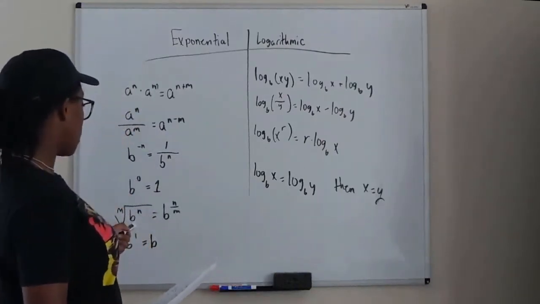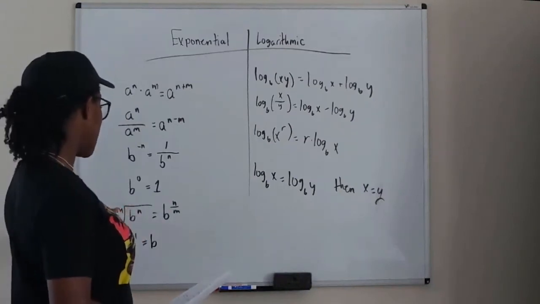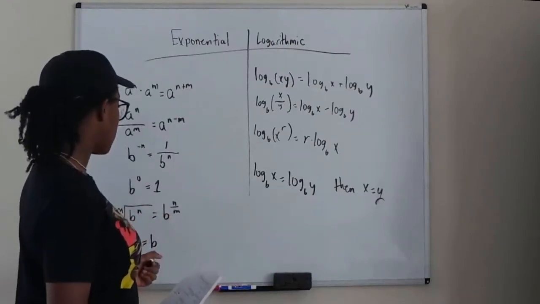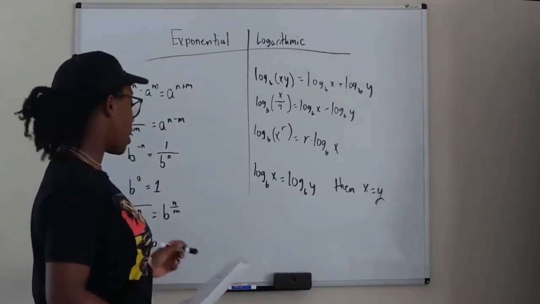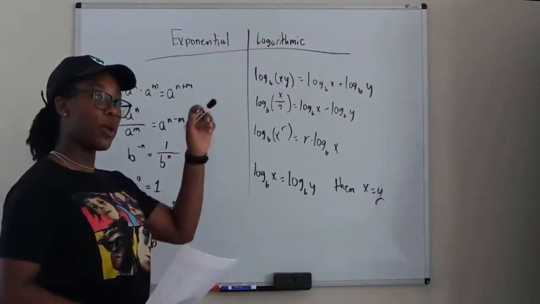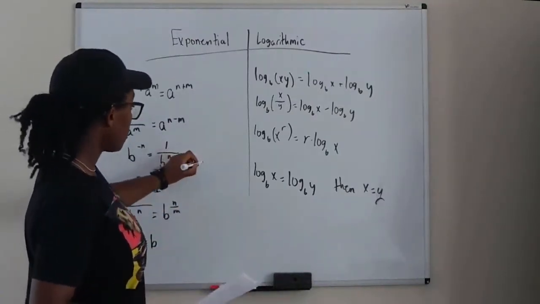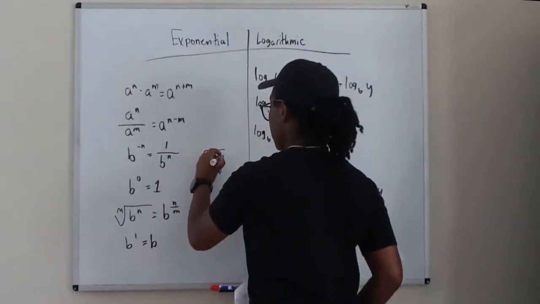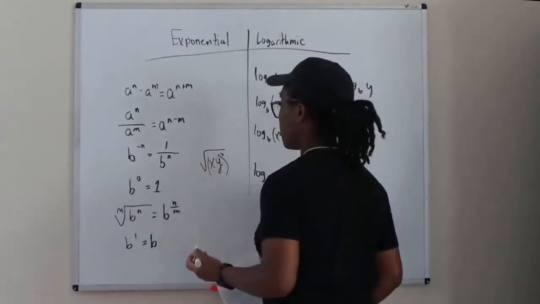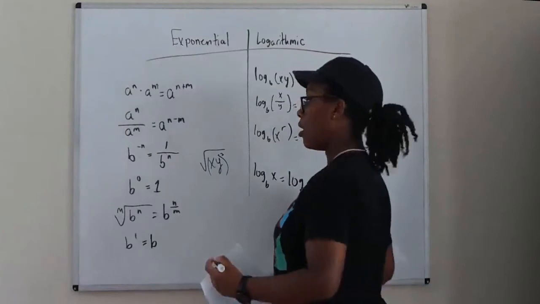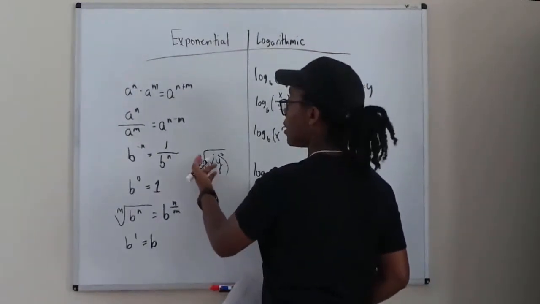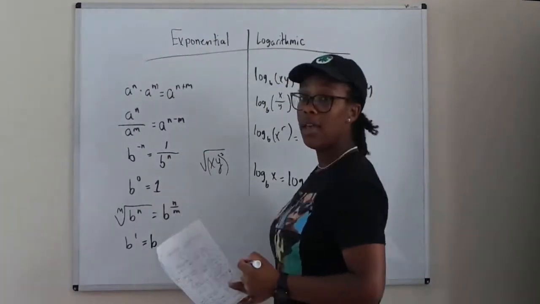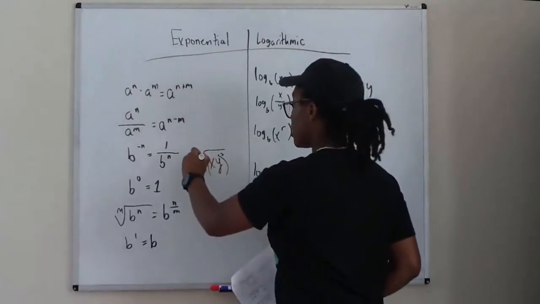Let's say you have b to the n, to the mth root. It's just going to be b to the n over m. What I like to do if I have a complicated expression and I'm not sure which way it goes, say it's x, y, like this, all to the third or something like that, and I'm not sure which way to write it, I always remember that if it doesn't have an index, which is what this little number is called, it's implied that it's index 2, which is just a square root.